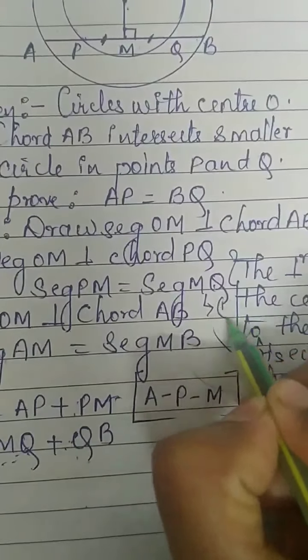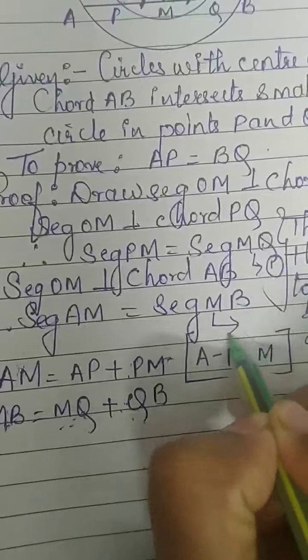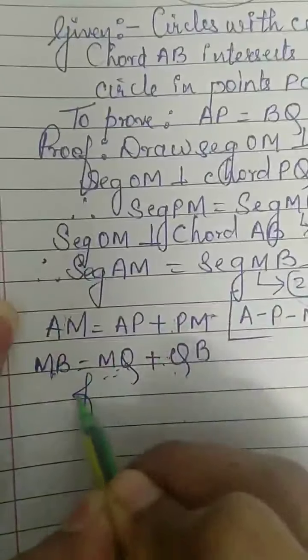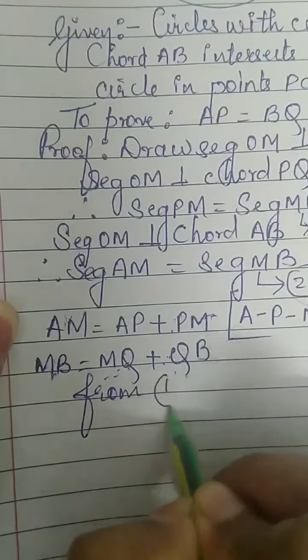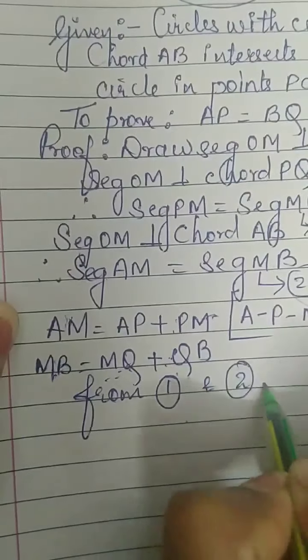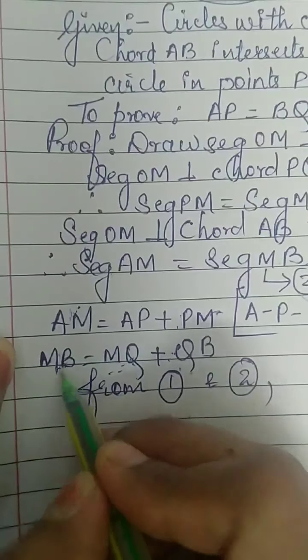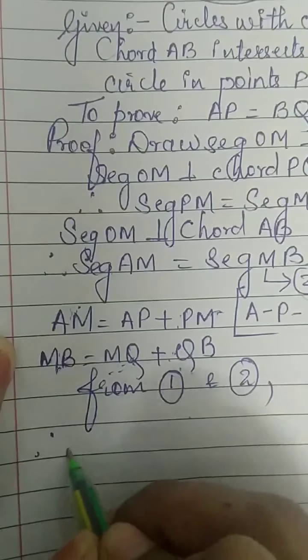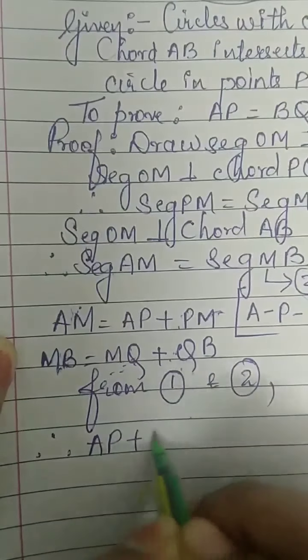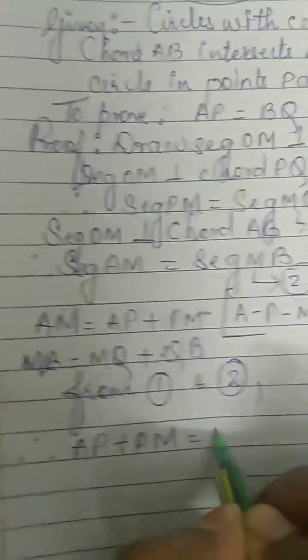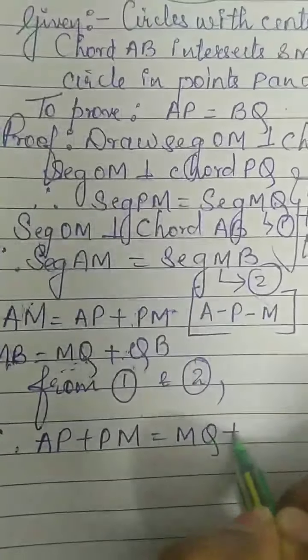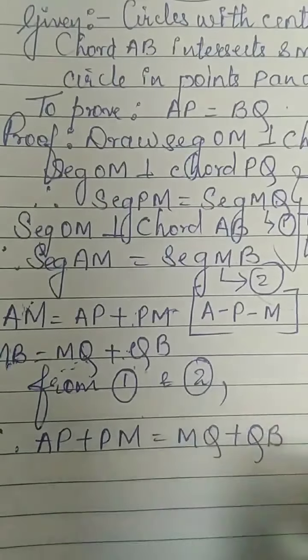Put this as 1. Put this as 2. So write from 1 and 2. From 1 and 2 you can write that if AM is equal to MB, therefore AP plus PM is equal to MQ plus QB. Understood?